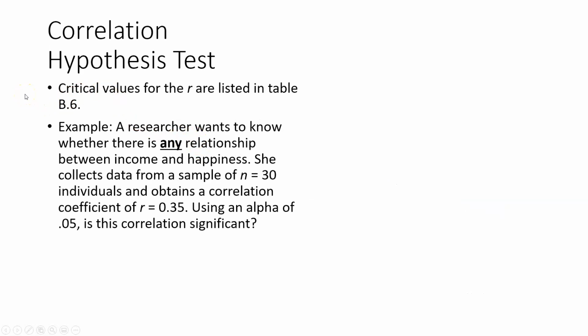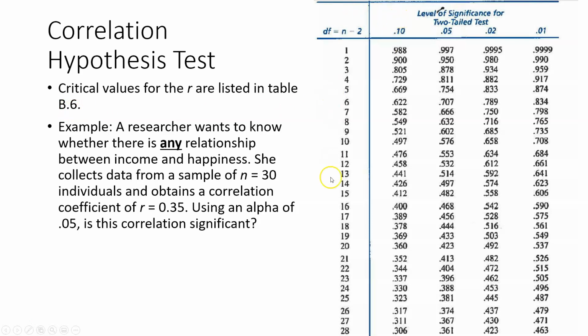Now let's walk through a correlation hypothesis test. The critical values for the R are listed in table B.6. That table looks like this. The degrees of freedom are listed in the far left column of the table, and you can find the degrees of freedom that are associated with your scenario here. And then you have to decide what your level of significance for the two-tailed test is.